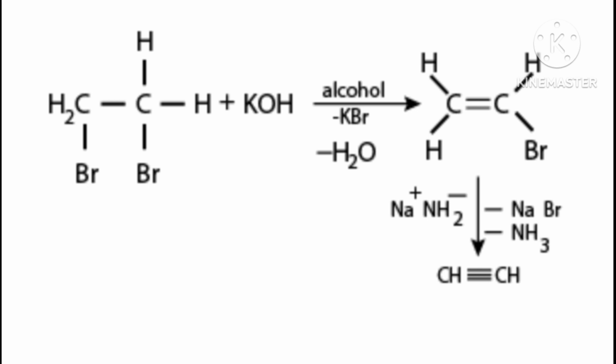Here in acetylene, hydrogen has an s orbital and carbon has an sp hybridized orbital. Then they are making an s and sp bond.